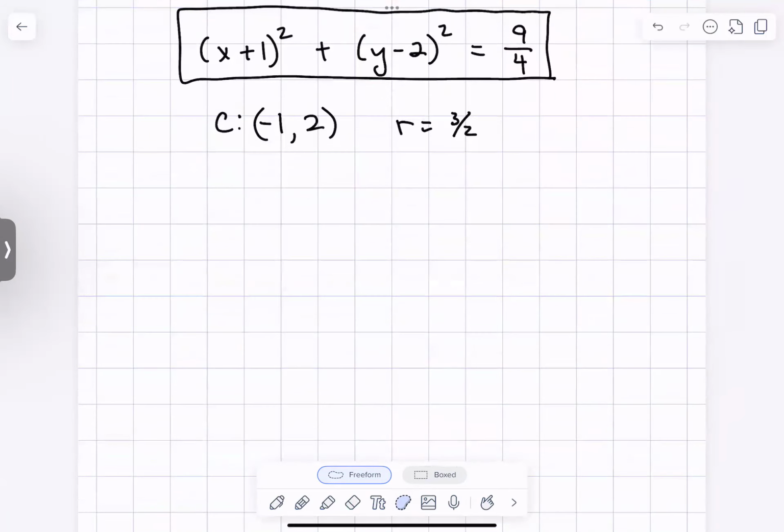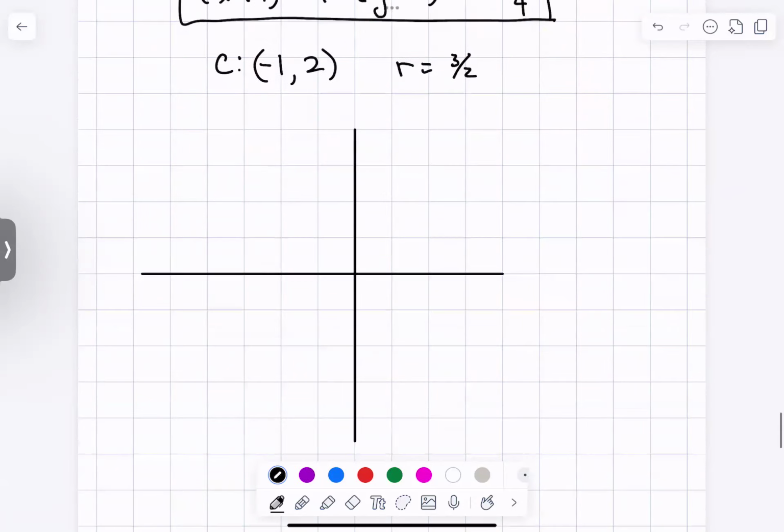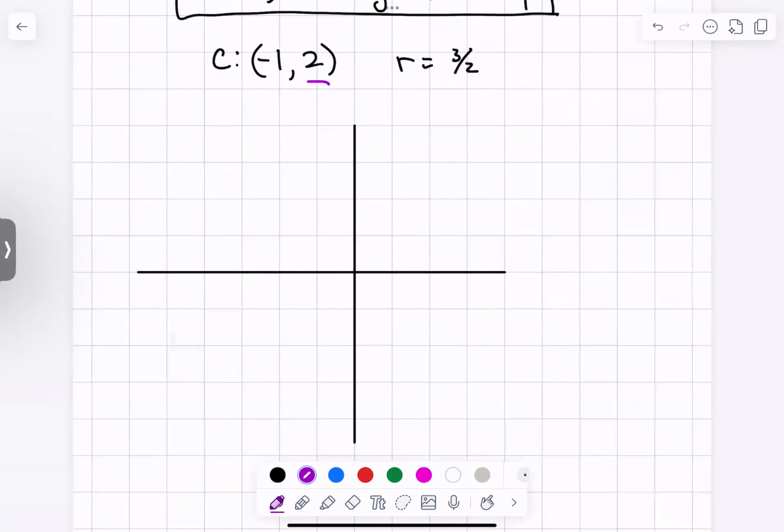When I graph it, it's just my x axis and my y axis. Graph my center first. Graphing that negative 1, 2 is here.